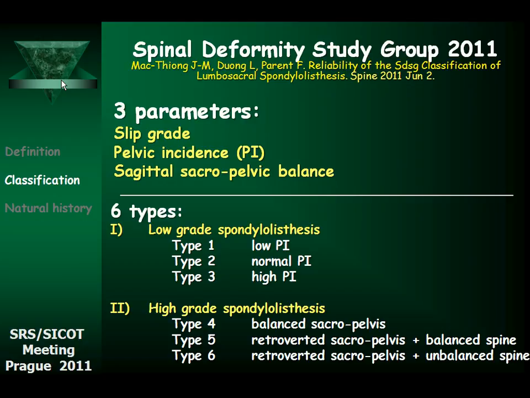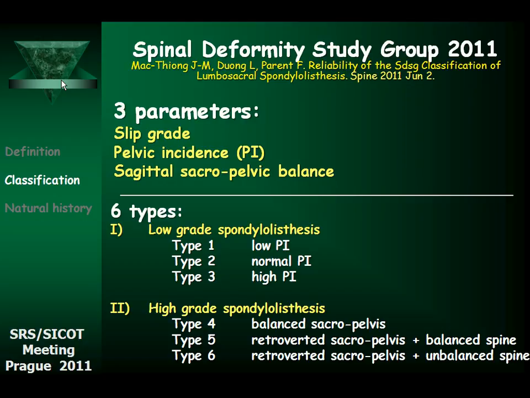And the last step in the classification of spondylolisthesis is from this year. The same group, the Spinal Deformity Study Group, measured 3 main parameters and established 6 main types, from type 1, a low-grade spondylolisthesis with low pelvic incidence, normal pelvic incidence, or high pelvic incidence.